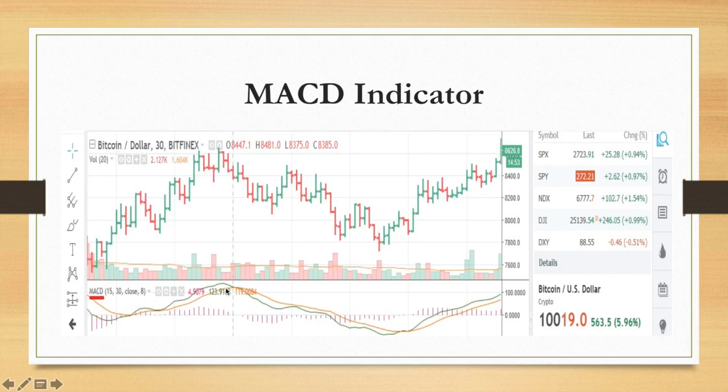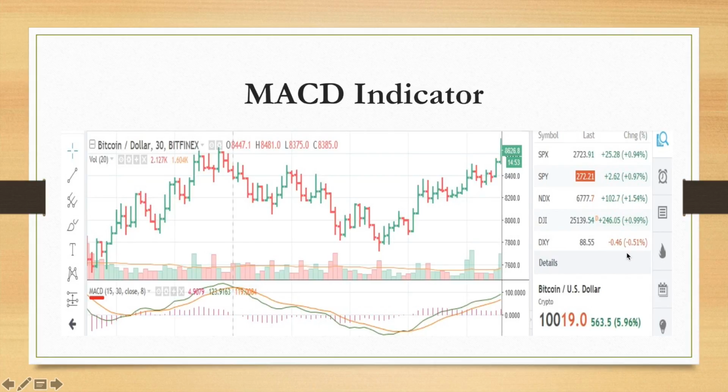When the green line goes down and breaks through the orange line, we're going to see a reversal and the price is going to start to drop. You can see here when this green line took a dive through the orange line, the price dropped quite a bit. Definitely a bearish trend, and then a reversal here back to a bullish trend. The price wants to start going up as soon as this breaks through here.